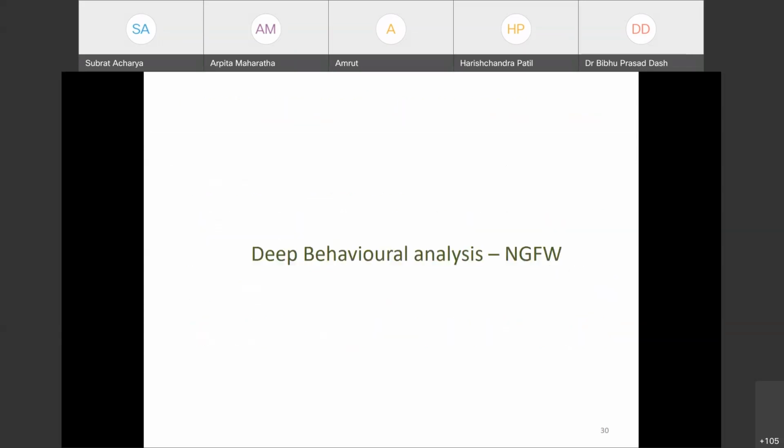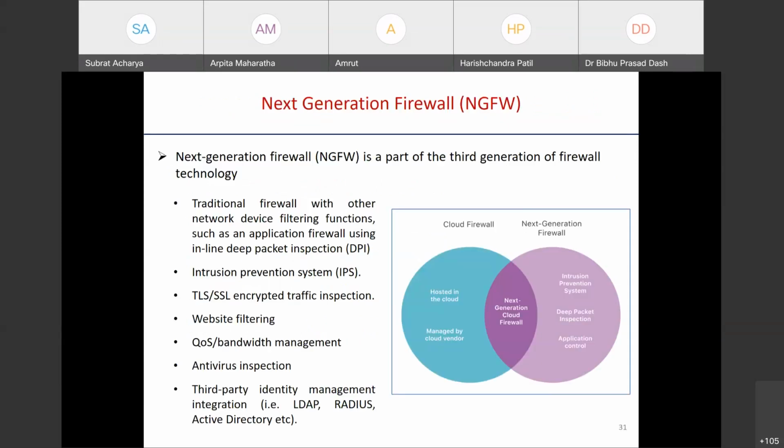So coming to the next generation firewall, as we know, the traditional firewalls will have their protocols at the network level. But when it comes to this next generation firewall, it will have additional features. Along with the firewall, it can have intrusion prevention system, SSL traffic inspection, or website filtering. As you know, this filtering of the content we can do. Then quality of bandwidth management.